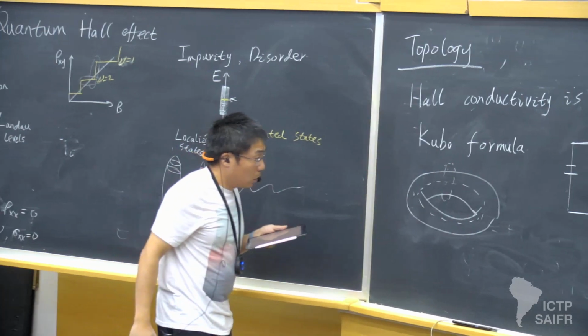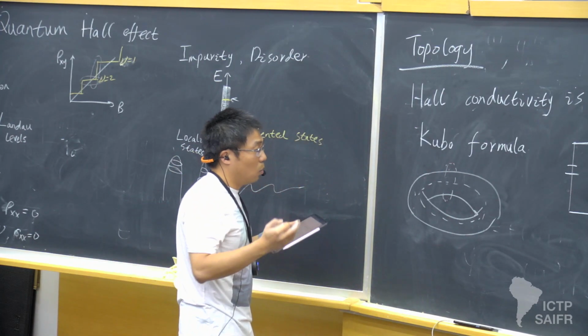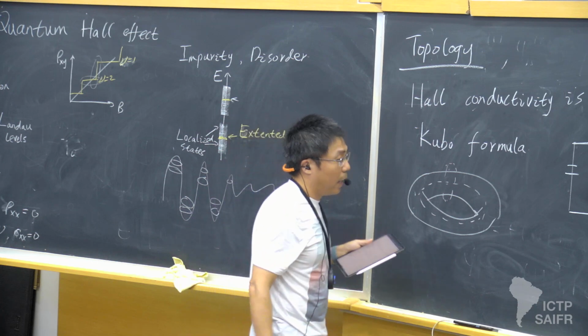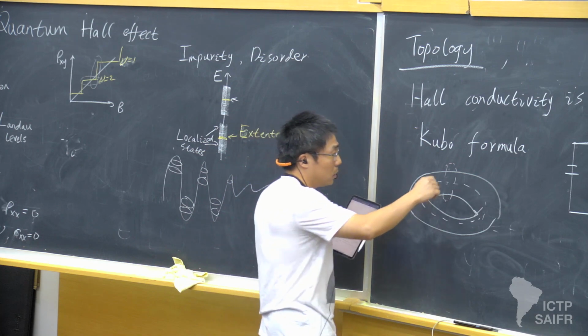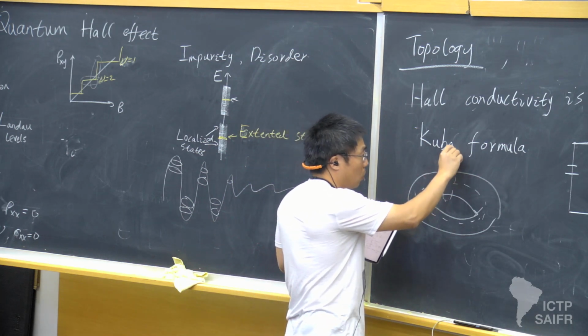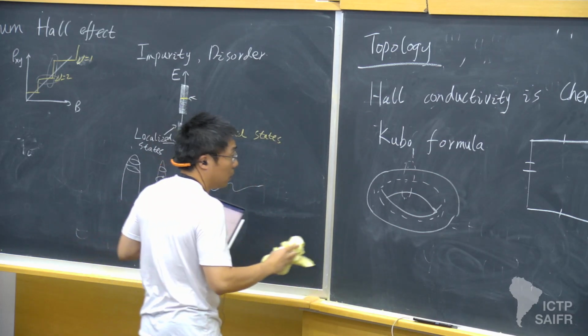Then what we are going to do is add an extra perturbation to the system. That is, we thread magnetic flux in the system.